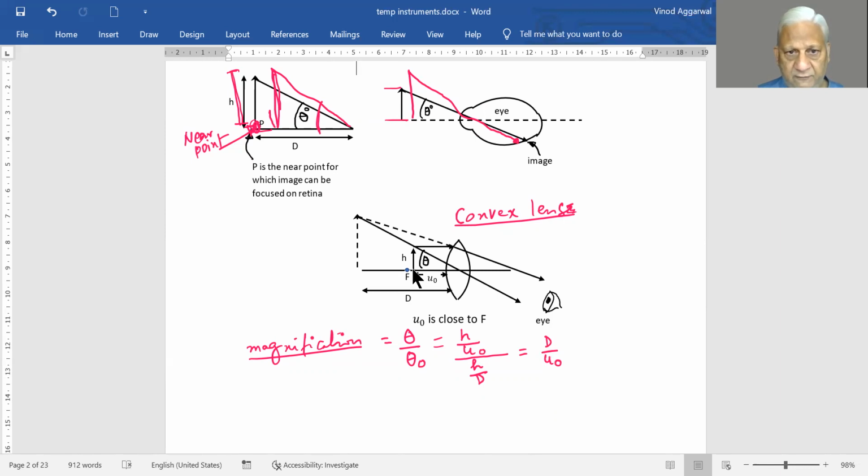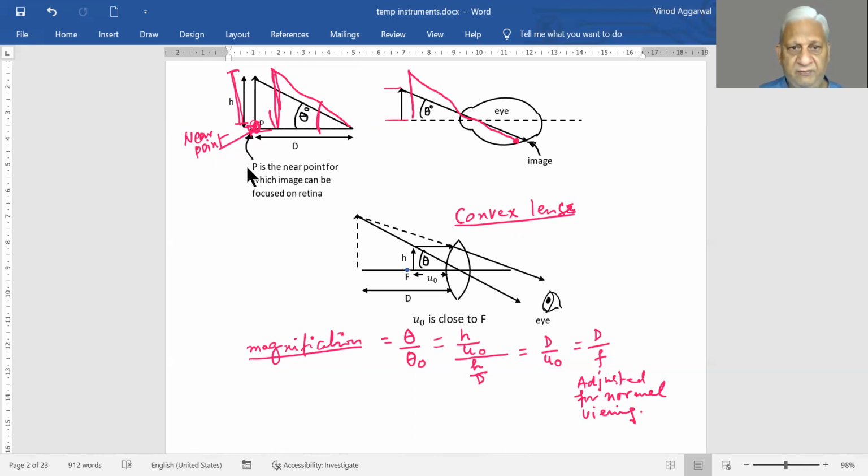Now what happens if we bring this object close to f, absolutely on f? Then the image that we see will be absolutely parallel. So if we make our u0 equal to f, then we get the image formed at infinity, and that condition is called adjusted for normal viewing.